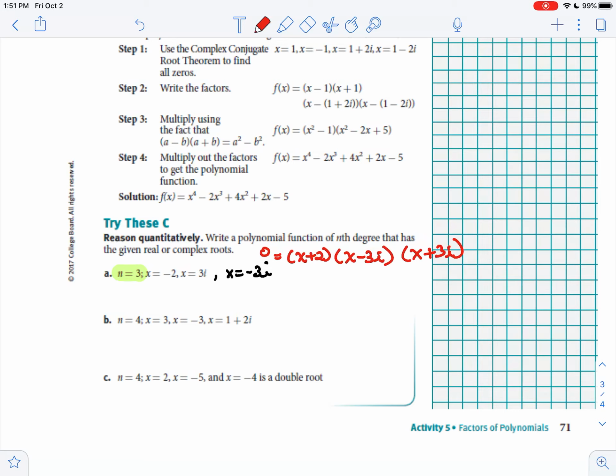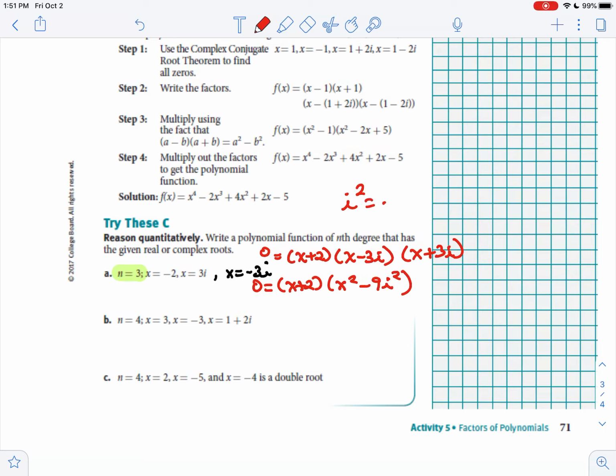So I would suggest doing the FOIL with the conjugates first because outers and inners tend to drop away. So I'm going to keep, for right now, the x plus 2, and I'm going to FOIL out the other two. So x times x is x squared. Outers is 3ix, inners is -3ix, so they're gone. -3i times +3i is -9i squared.